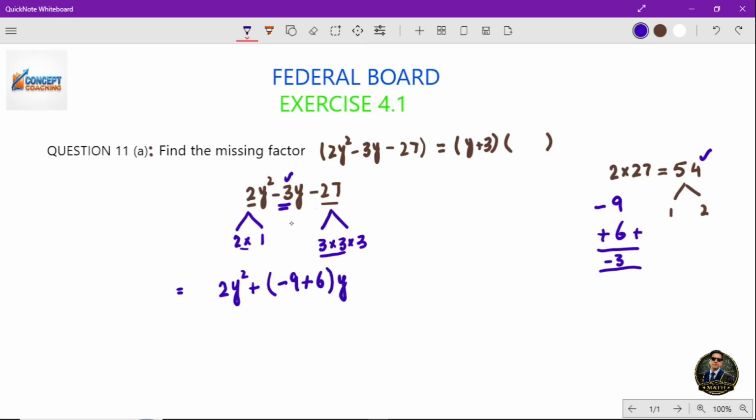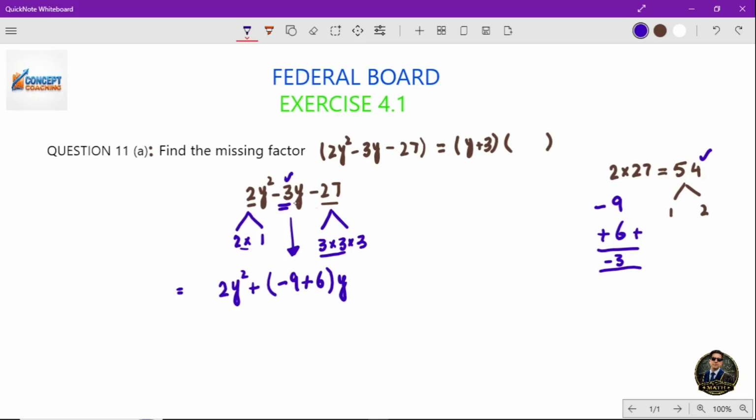So we split this minus 3 into two numbers, minus 9 and plus 6. Minus 9 plus 6, we get minus 3. So that's why it is called midterm breaking. We have basically broken this middle term into two numbers, minus 9 and plus 6.